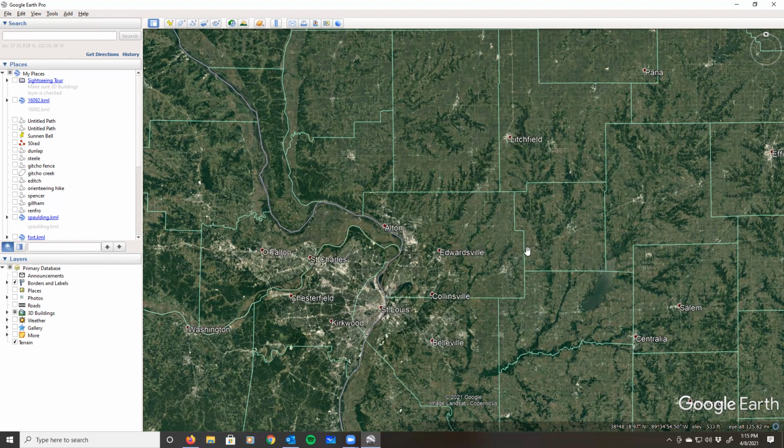It would be a line of latitude, a parallel, that runs east-west through the center of the county.